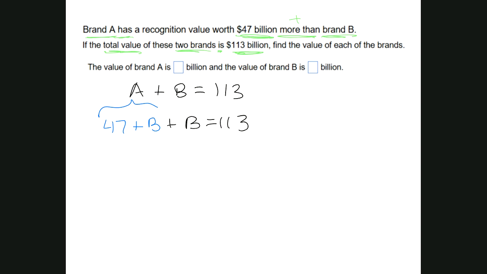Remember, PEMDAS is equal to PEMDAS. So we're going to add the two B's together, and that will leave us 47 plus 2B is equal to 113. We want to get B by itself, so I need to subtract 47 from both sides of my equation. That leaves me 2B is equal to 66.